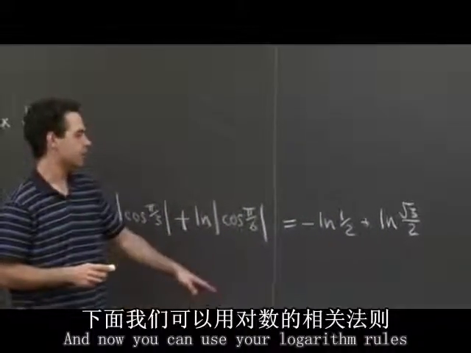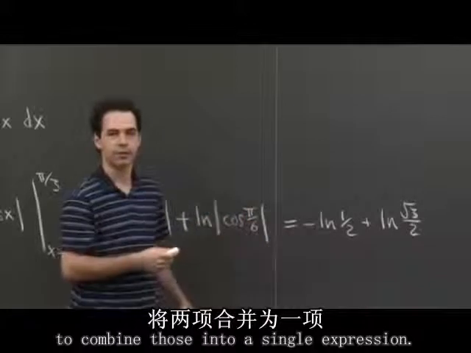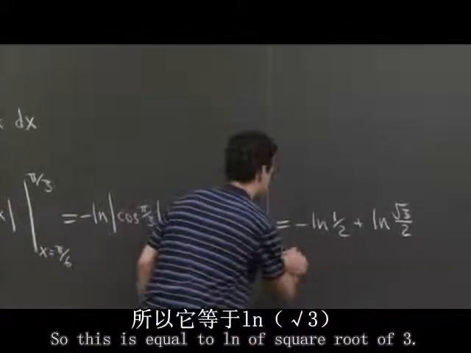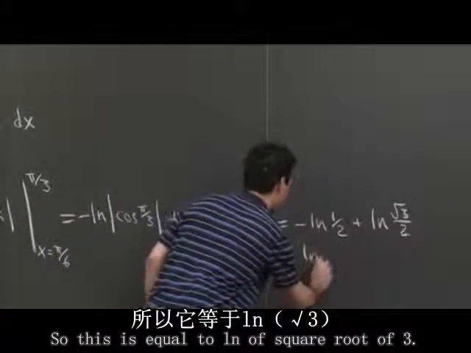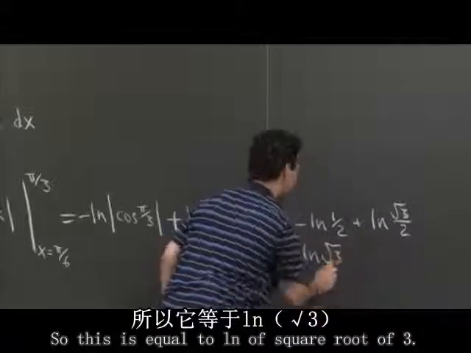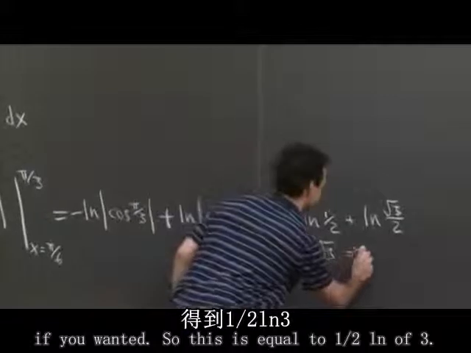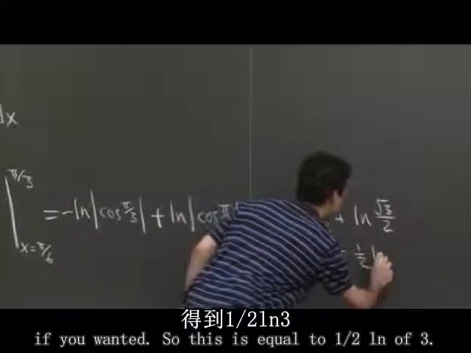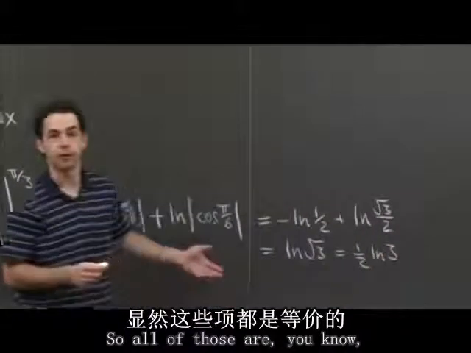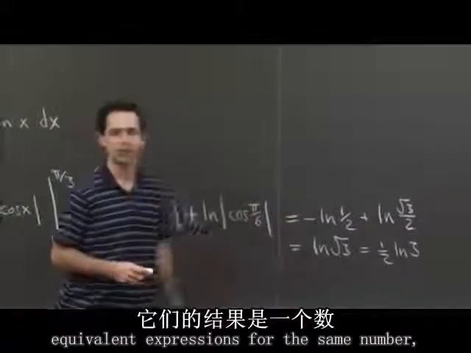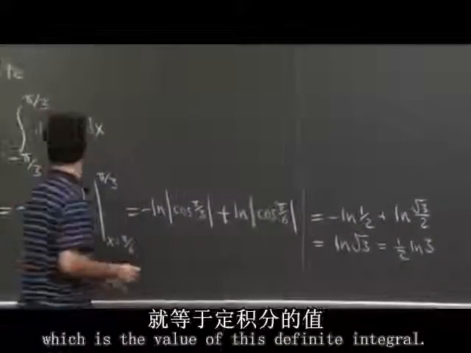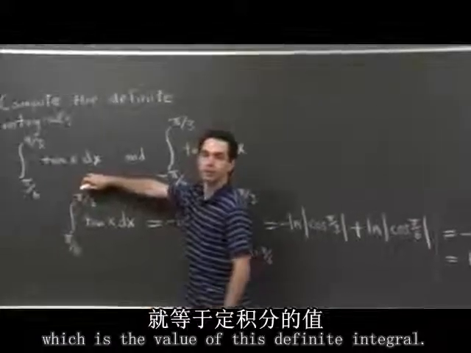And now you can use your logarithm rules to combine those into a single expression. So this is equal to ln of square root of 3. Or you could even use one more logarithm rule if you wanted. So this is equal to 1/2 ln of 3. All of those are equivalent expressions for the same number, which is the value of this definite integral.